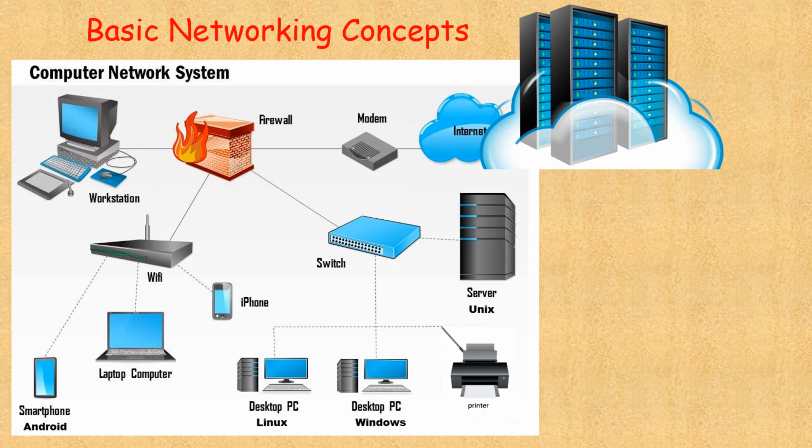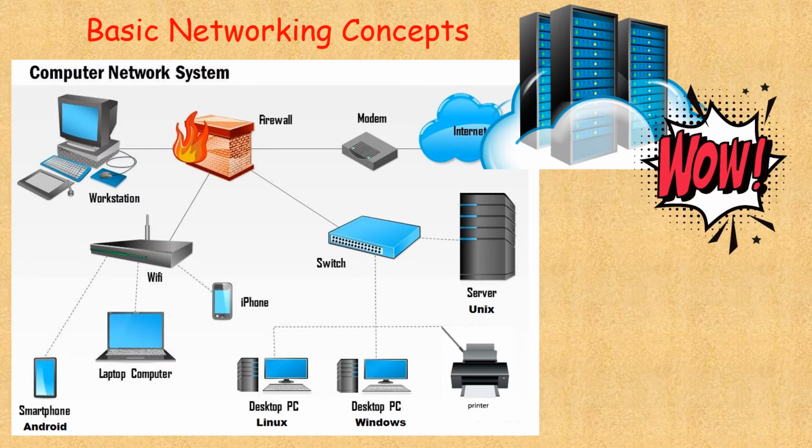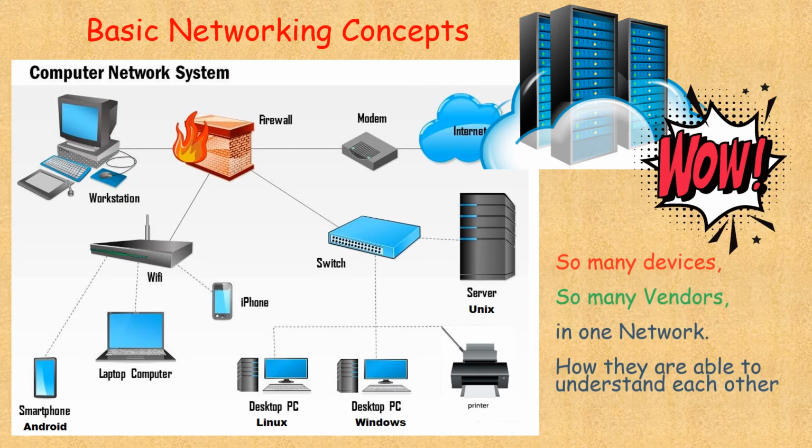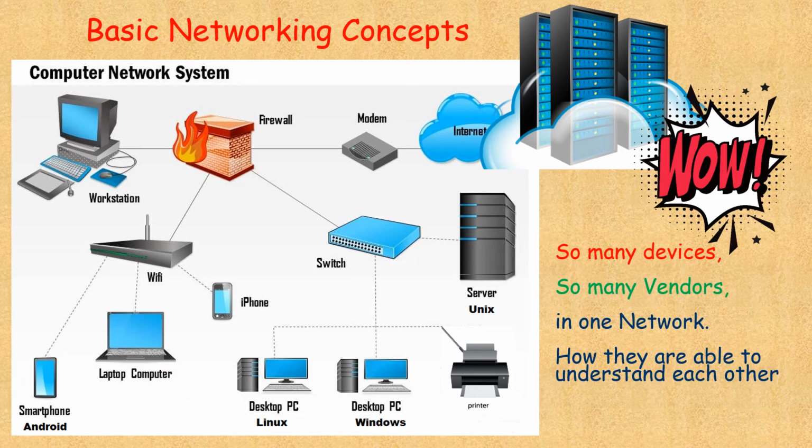We may see some smartphones connected to the same network through wireless access points, like iPhone with iOS operating system or Android smartphones. Wow! So many devices, so many brands, so many vendors in one network.